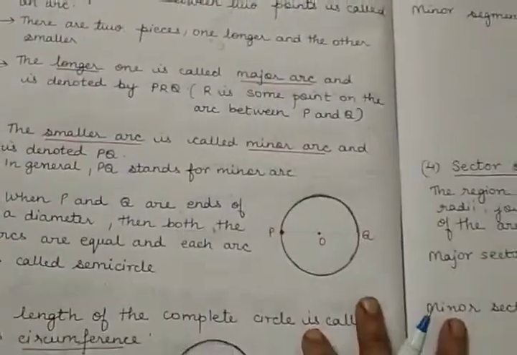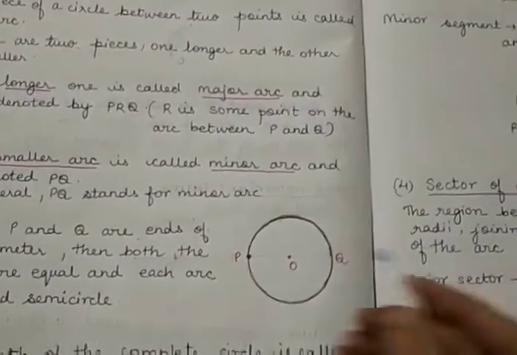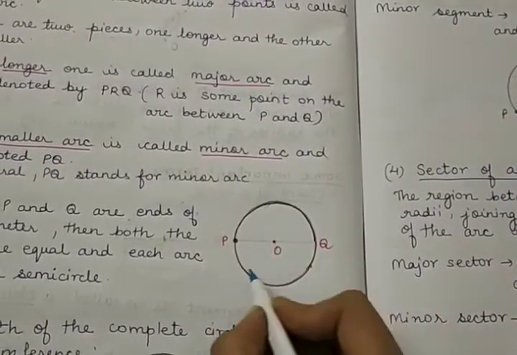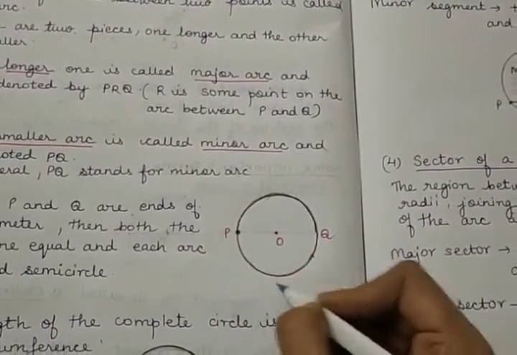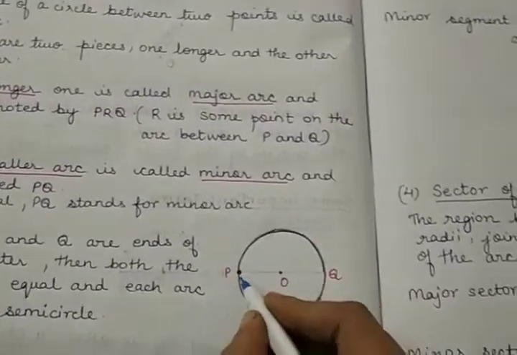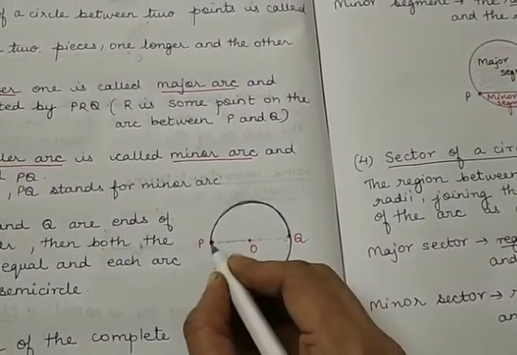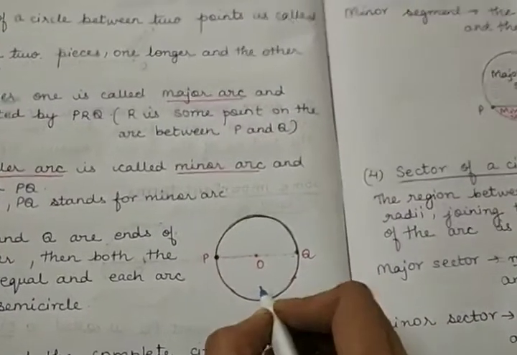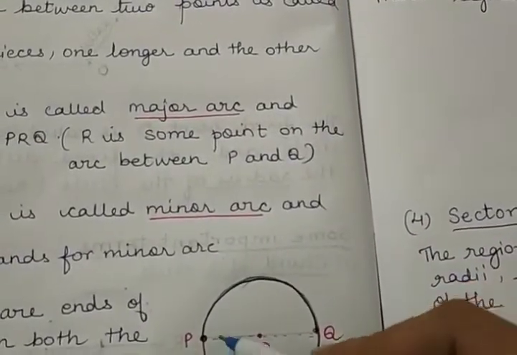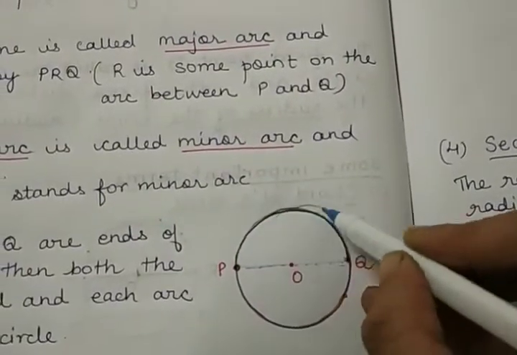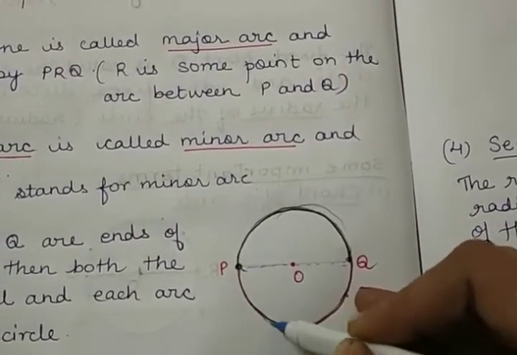Now, if you take any 2 points, then you will get a major arc and a minor arc. Suppose these 2 points are endpoints of a diameter. So this is your diameter, and these 2 points are the endpoints of the diameter. Then this is one arc that you get, and this is the other arc.